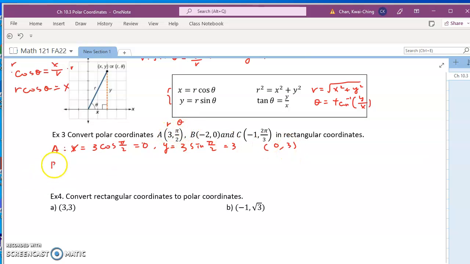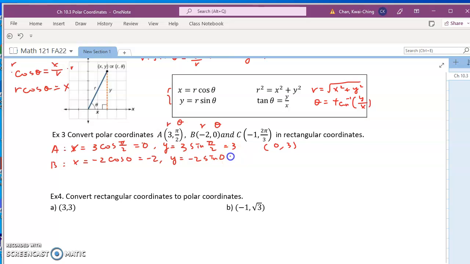Okay. B, r is -2. Theta is 0 degrees, so x is equal to -2 cosine 0. Negative 2 means the opposite direction, but you just do it. Cosine 0 is 1, right? So -2 times 1 is -2. What about y? y is -2 sine 0.